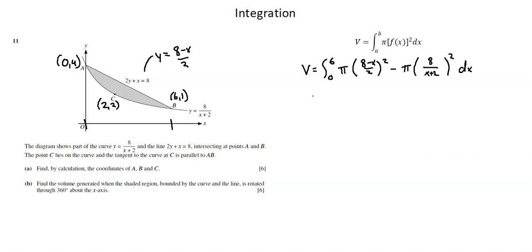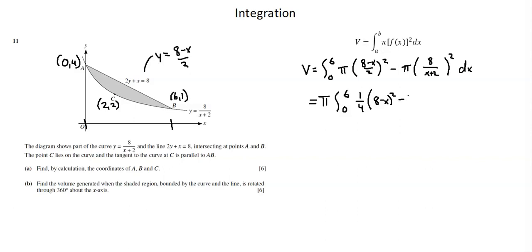Now, before the integration, I'm going to do some simplification. I'll take the pi outside of the integration since pi is a multiple of both expressions. So we have pi times the integral from 0 to 6. (8 minus x) over 2, squared, is 1 over 4 times (8 minus x) squared.